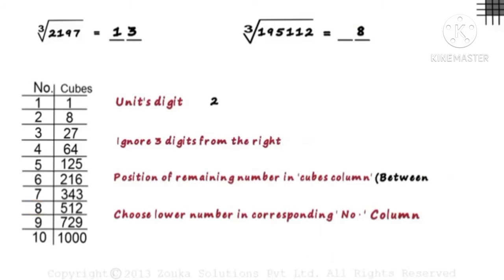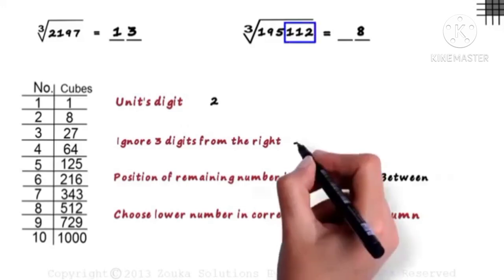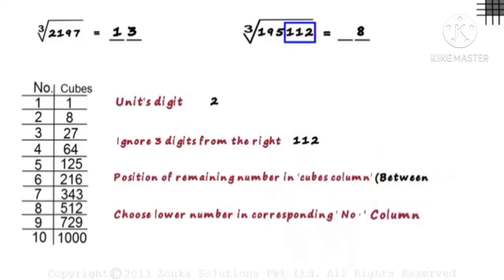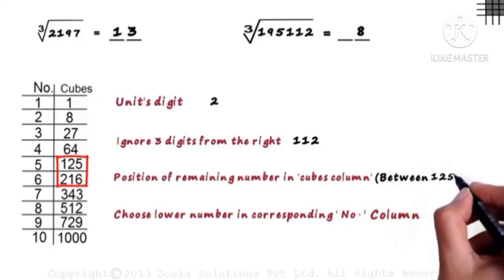Now we ignore 3 digits from the right, that is 112, and what remains is 195. Now, where is 195 placed in the cubes column of the table? It is placed between 125 and 216.